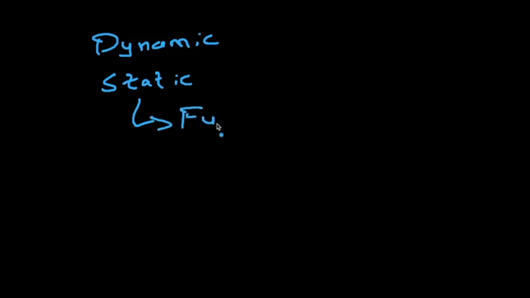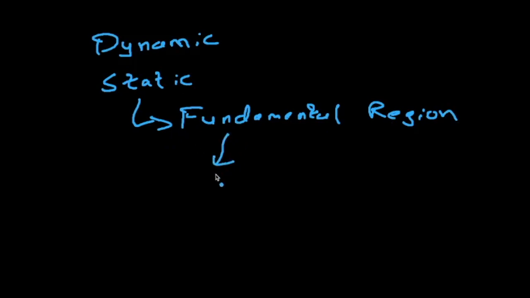So in this video we saw dynamic symmetry breaking inequalities and static symmetry breaking inequalities, and for that we defined a fundamental region. And using this fundamental region, we figured out that a small part of it can also be used for static inequalities.